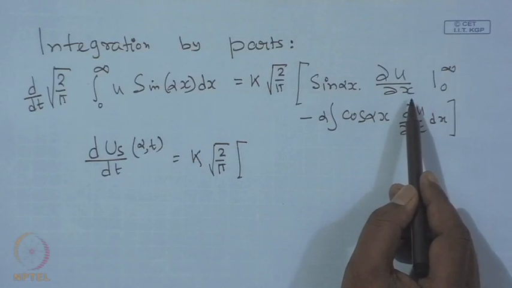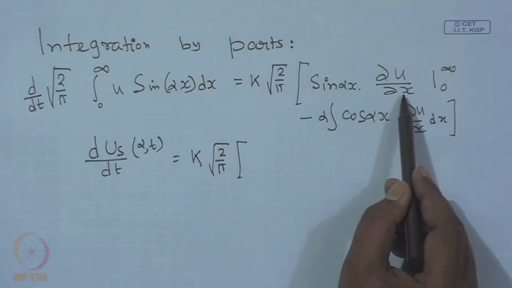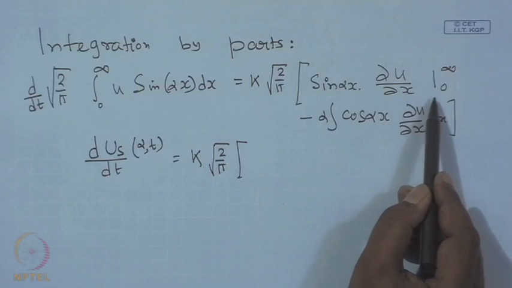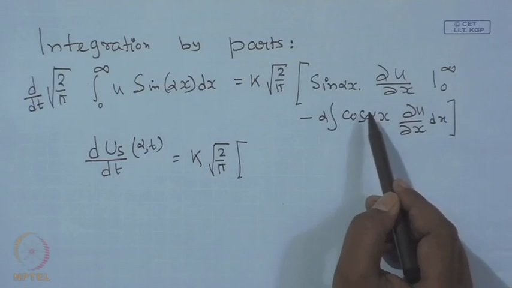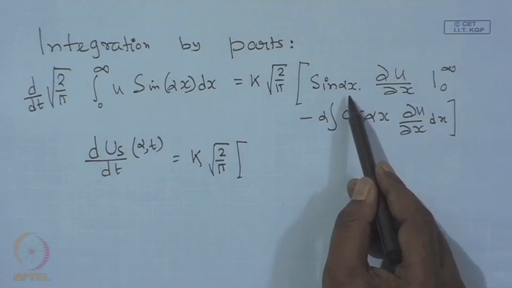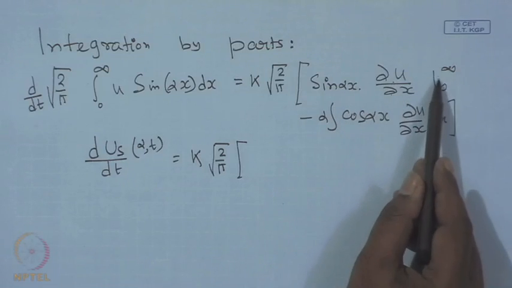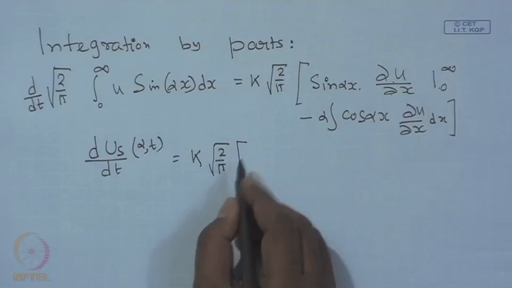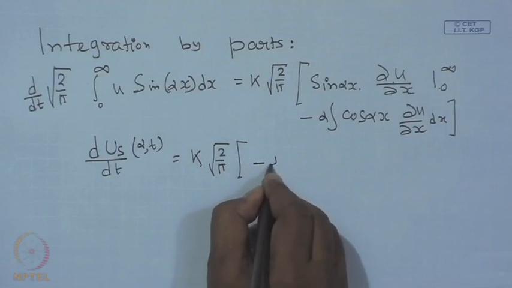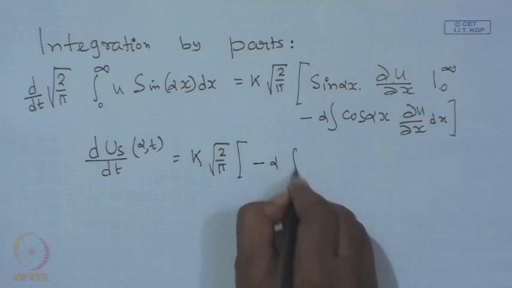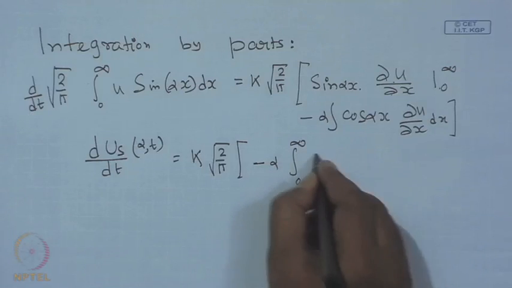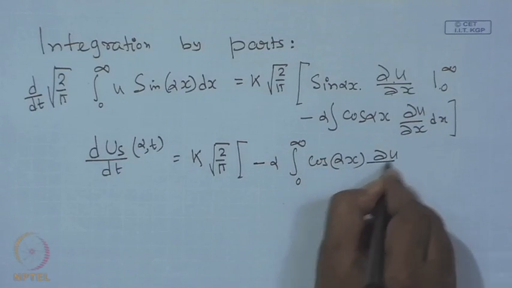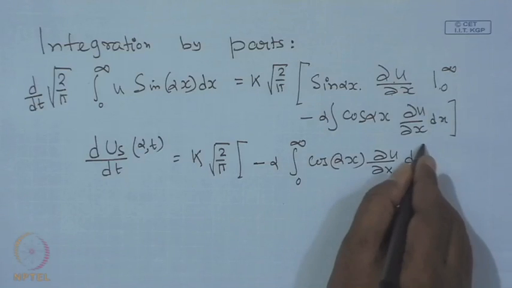So, that term will be off. When you put the lower limit, at x is equal to 0, sine alpha x is equal to 0, sine 0 is 0. So, both these terms at these two limits will vanish, contributing nothing. So, we will be having minus alpha integral 0 to infinity cosine alpha x del u del x dx.